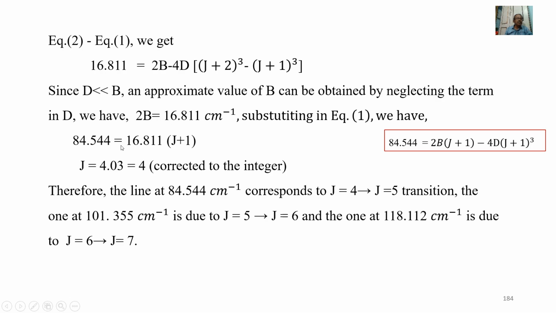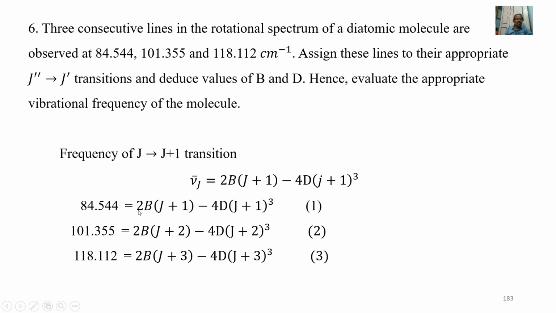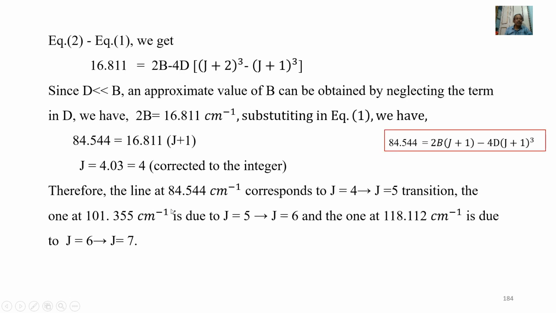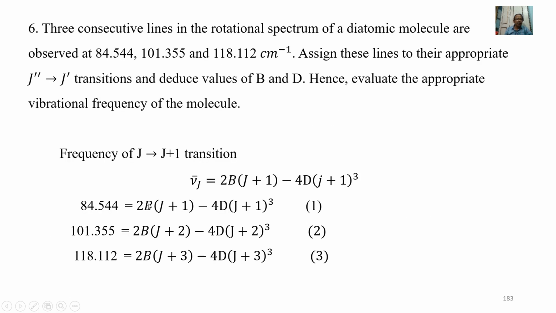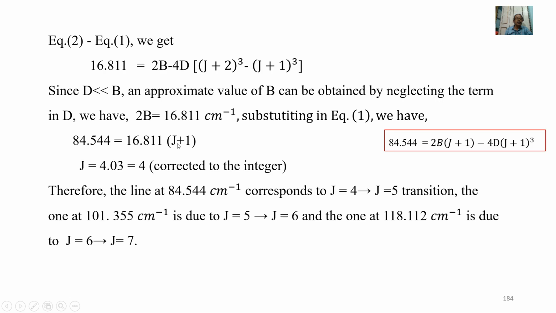Now 84.544, we know this already, just take this equation, which is equal to 2B(J+1). 2B is nothing but 16.811. Since D is very, very small, we can neglect it in this equation. So 84.544 is equal to 2B times (J+1). Instead of 2B, substitute 16.811, so 16.811 times (J+1).